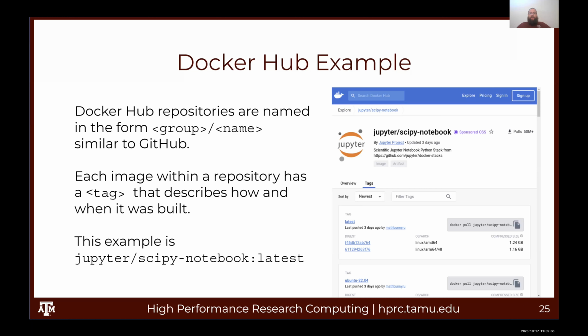For this screenshot, I took a look at the Jupyter/SciPy notebook repository, which is a repository of images of Jupyter notebooks with SciPy also installed. All you have to do is go to Docker Hub and search for Jupyter, and you should be able to find this.